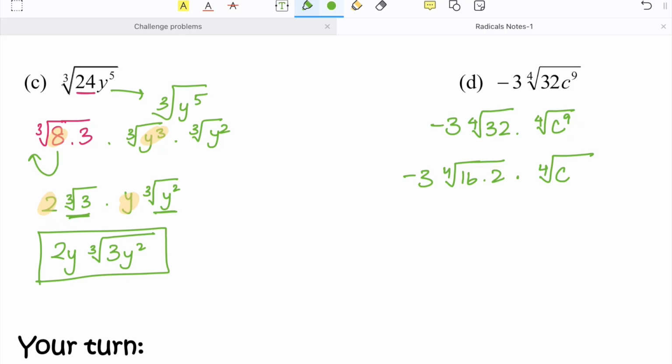But 5 can also be simplified, right? Largest multiple of 4 that's closest to 9. C to the 8 times C to the 1. So we can take out 16 and c to the power of 8. 4th root of 16 is?